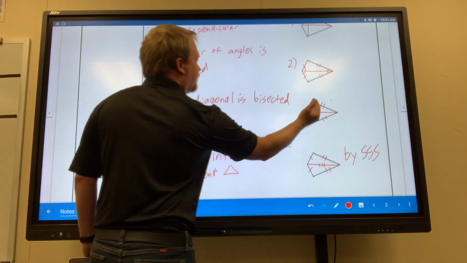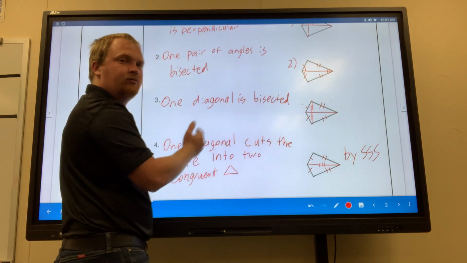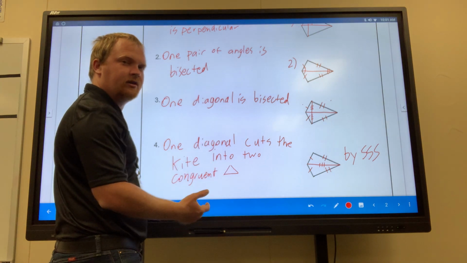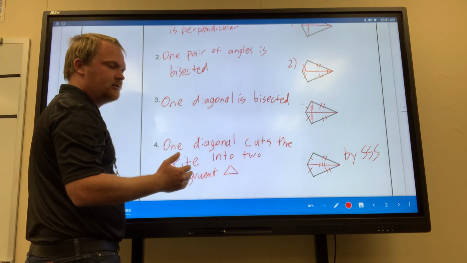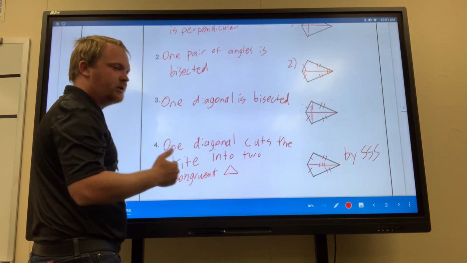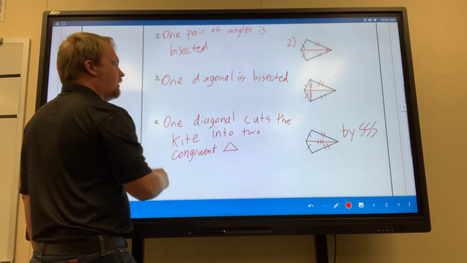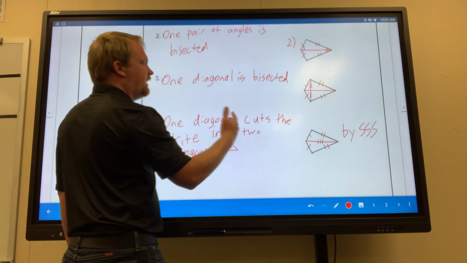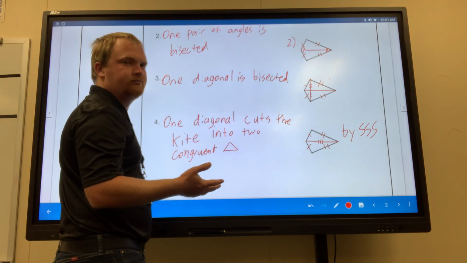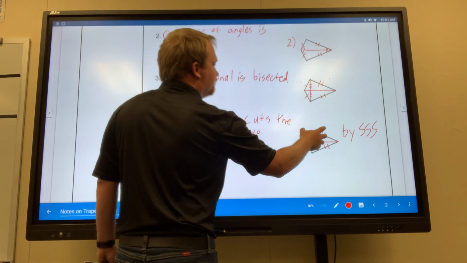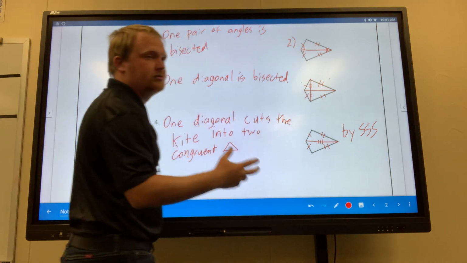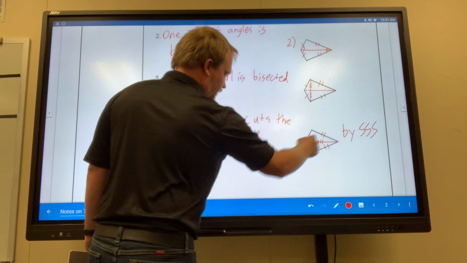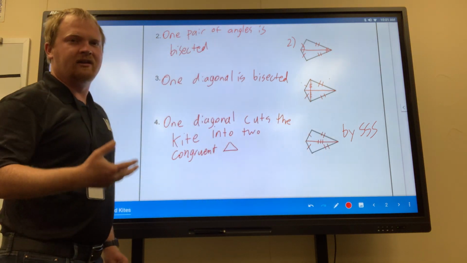If I have a diagonal that splits the congruent sides in one side to the other, that diagonal is bisecting, so that diagonal is split in half. And one diagonal line actually makes congruent triangles. And typically it's going to be the same diagonal line just like number 2. And it's going to be congruent by side, side, side.